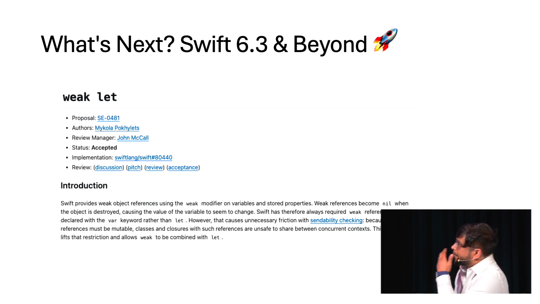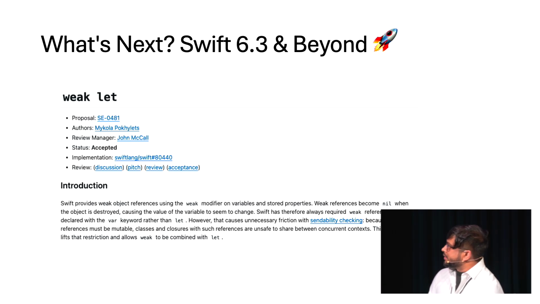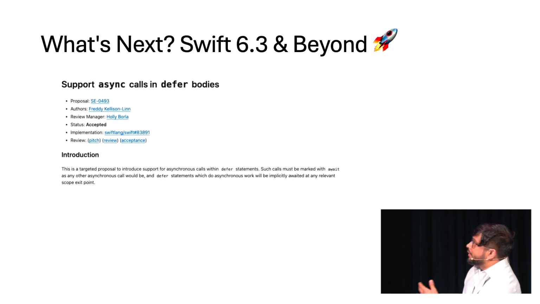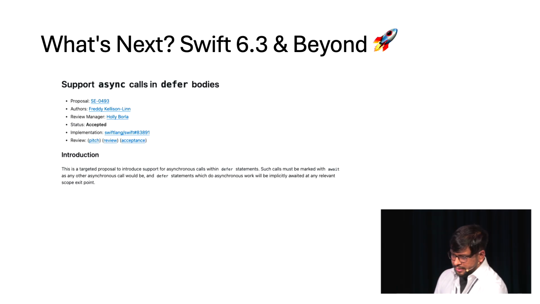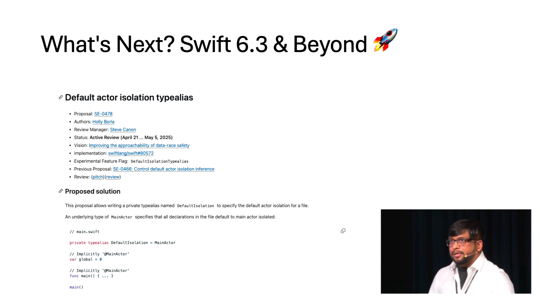Let's take a quick peek at Swift 6.3 and beyond. We are getting weak let. We were using weak var. Now this helps with sendability checking. And you can add async await inside defer bodies. We have discussed the build setting for default actor isolation.